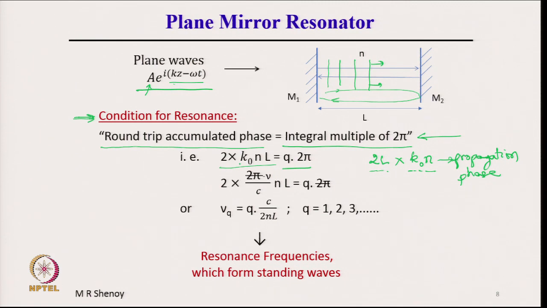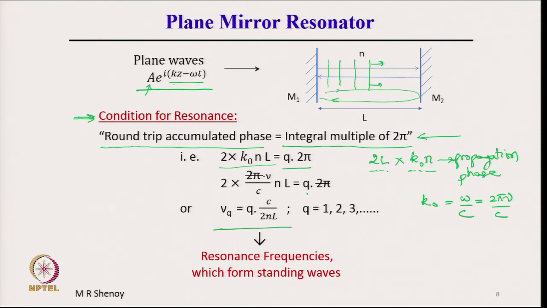Now k0 is equal to omega by c, which is equal to 2 pi nu by c. One can also write nu in terms of wavelength lambda, but this is fine. So, 2 into 2 pi nu by c into nL gives nu q, when the integer is of qth order.